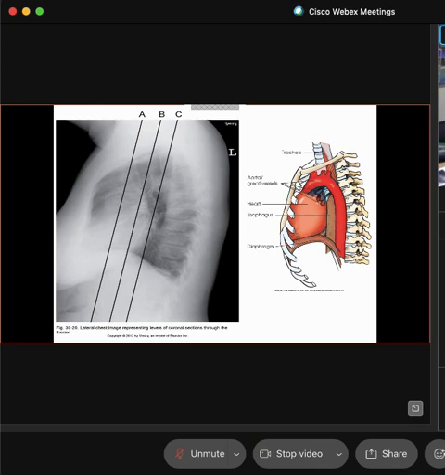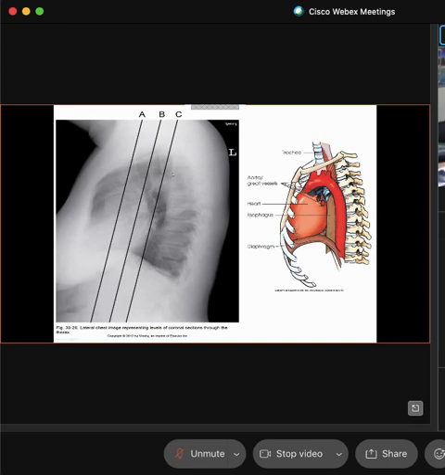So let's take a look sagittally. We know that the vertebrae lie most posterior. We know that the posterior ribs are even more posterior than the vertebral bodies.